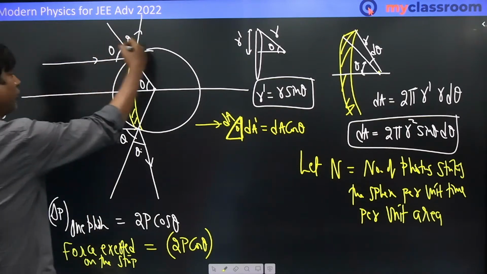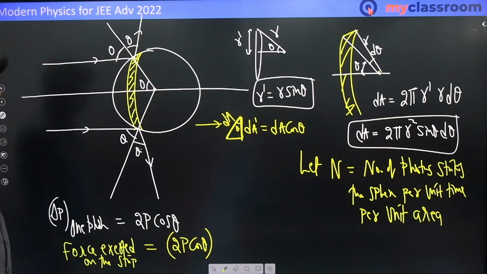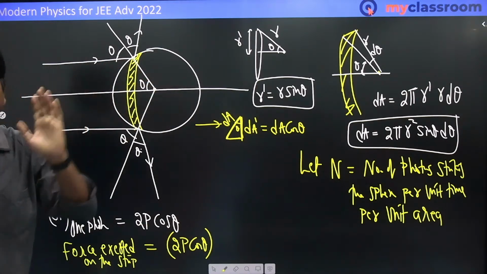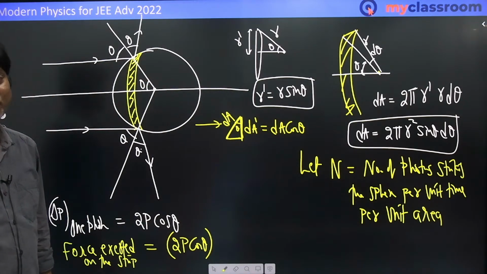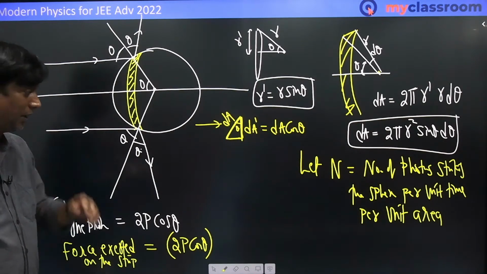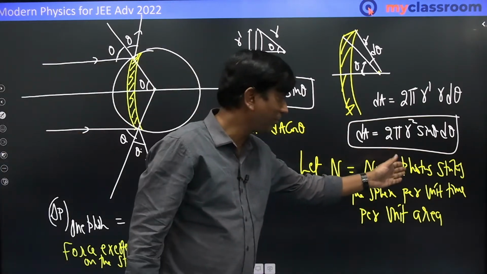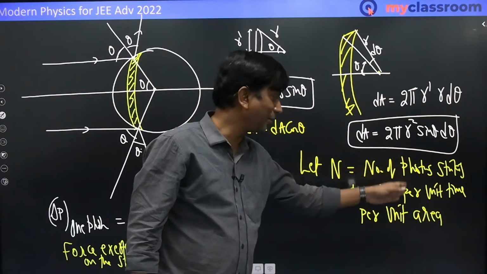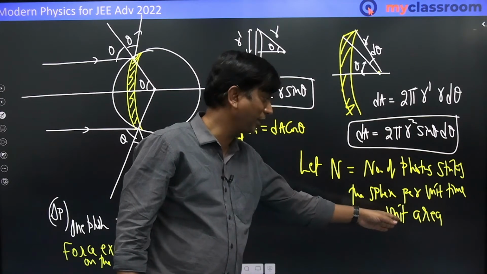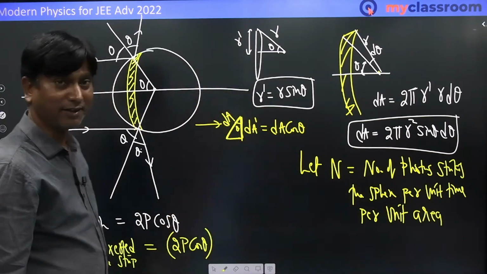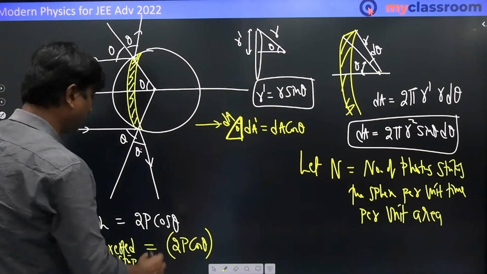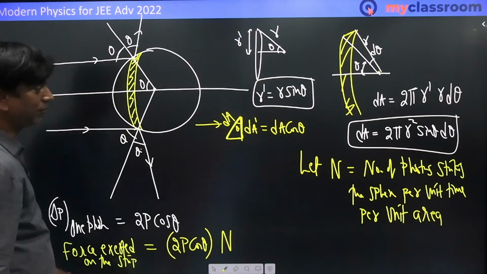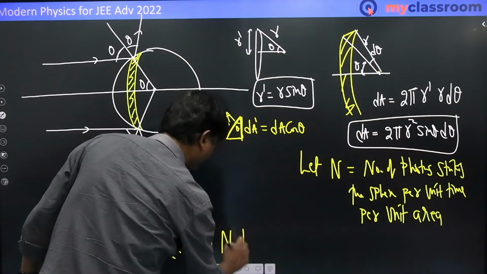Force exerted by these photons on this strip will be equal to the change in momentum of one photon times the number of photons striking the strip. The number of photons striking the strip per second: the number striking per unit time per unit area is n, so you multiply n by the area of the strip, which is dA.